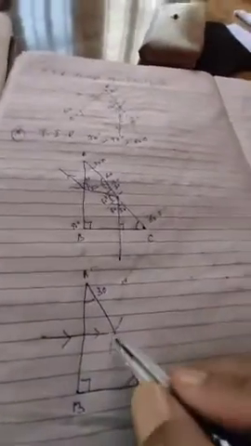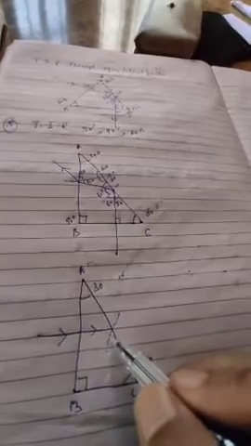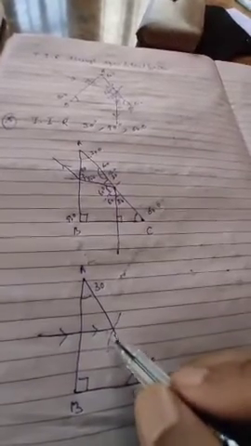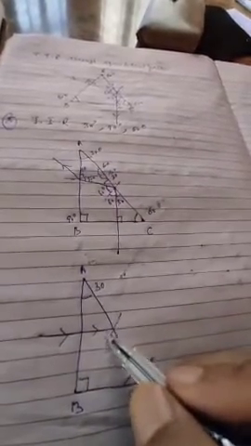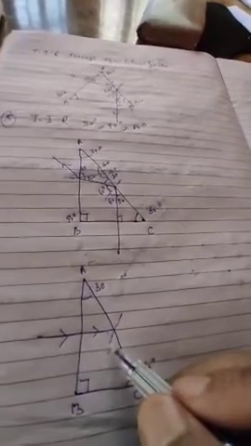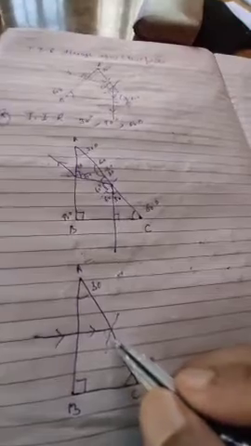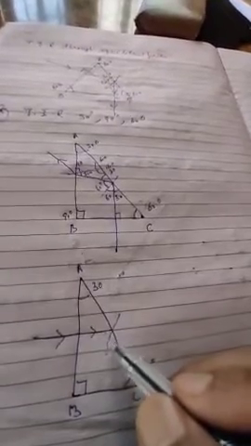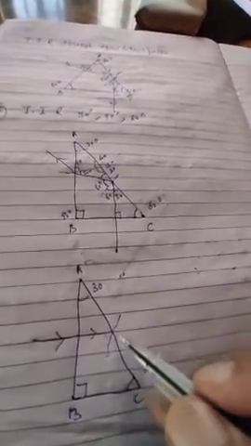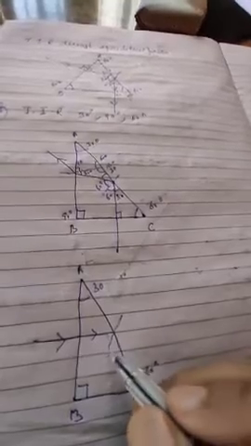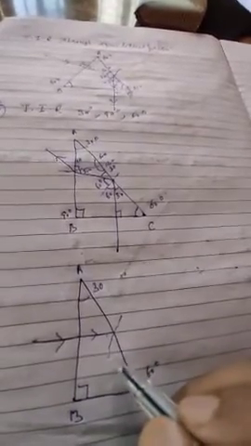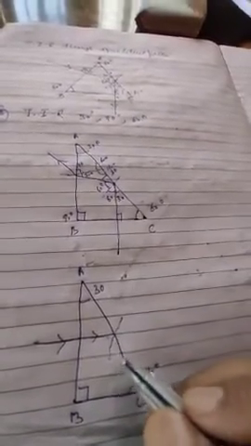Now we have to find this angle, because when the incident ray makes an angle with the normal, that is known as the angle of incidence. First of all, what is the incidence angle? The incident ray makes an angle with the normal, that is known as the angle of incidence.